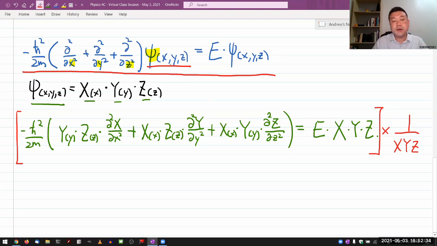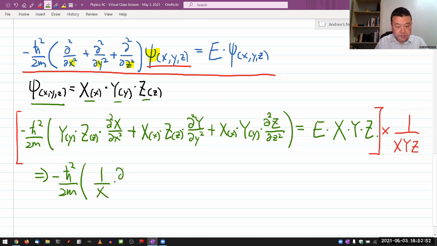Let me write out the result of this operation. When you write it out, this is what you get. Minus h bar squared over 2m. For this first term, you see Y and Z cancel out, and I just have this X left. So I have 1 over X times this double derivative, plus something very similar happens here.